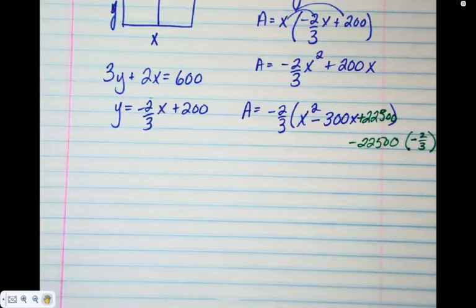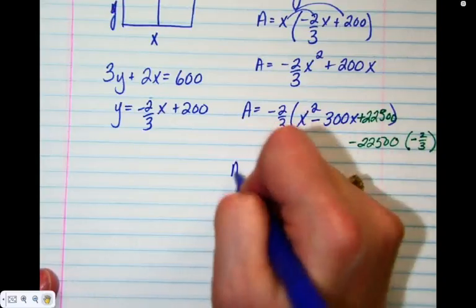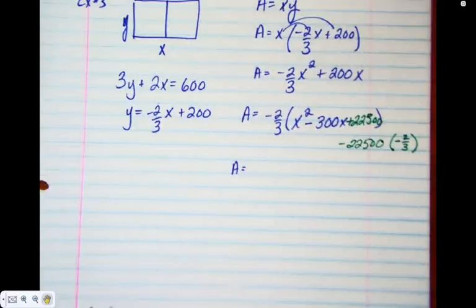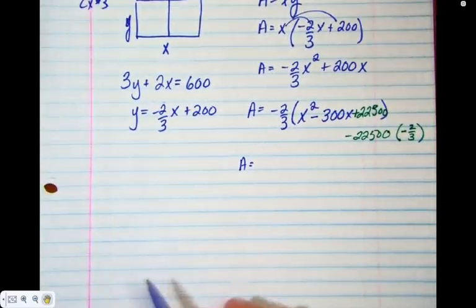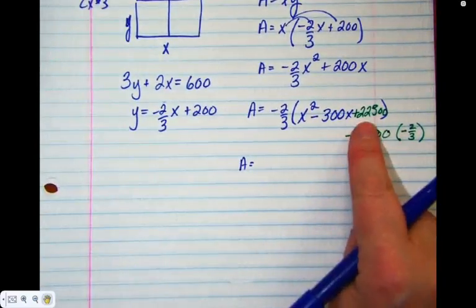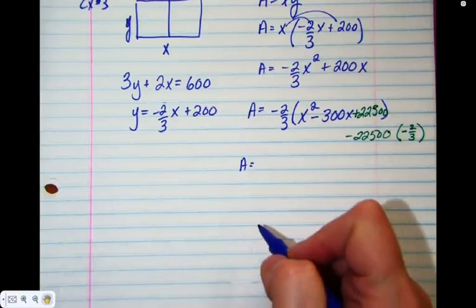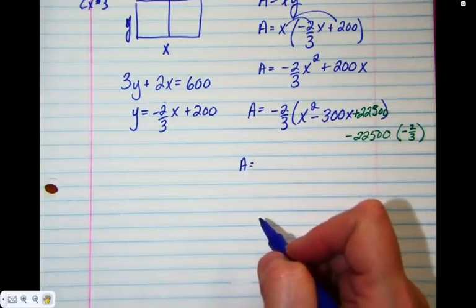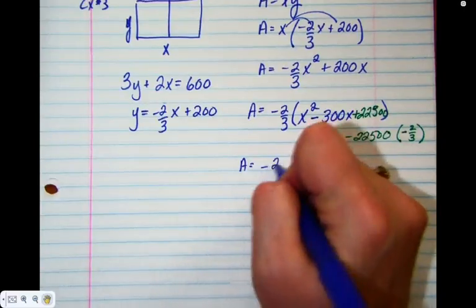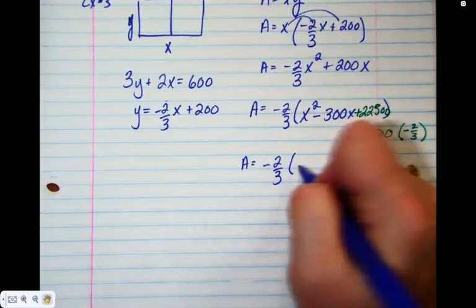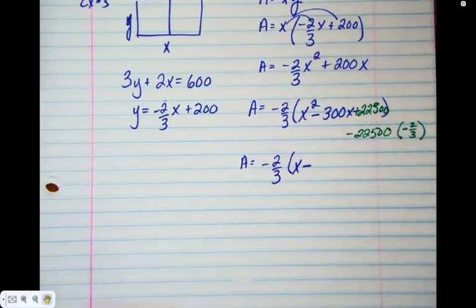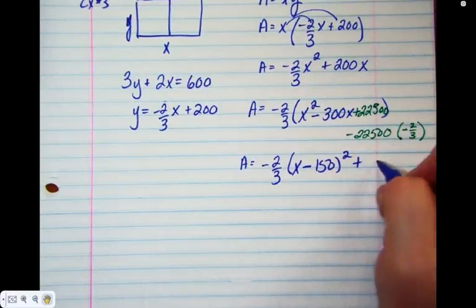Jordan, did you just know that 150 squared was positive? Okay, 150 squared. What's the square supposed to be? It's hard to tell what it is. 22,500. Okay. See, so cramped in there. Negative 2/3 x. 150 squared plus 22,000?